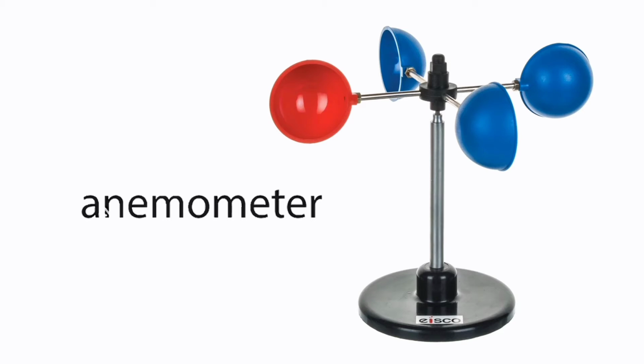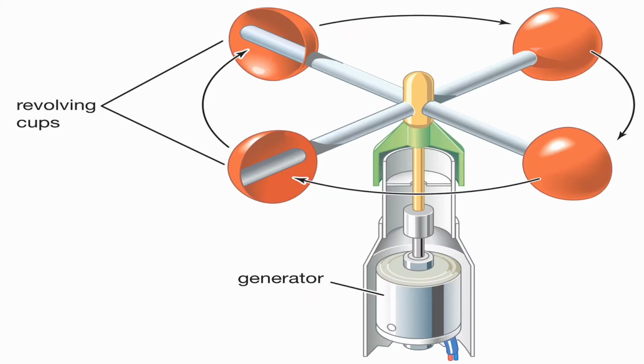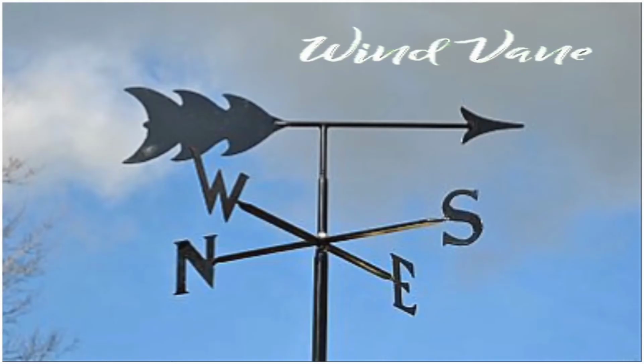Many weather stations have a spinning cup anemometer that rotates depending on the wind speed. The speed of wind is measured in kilometers per hour.